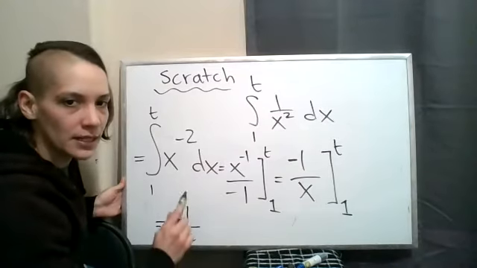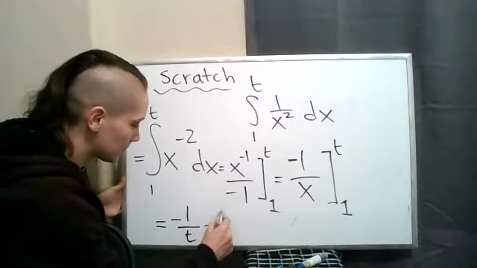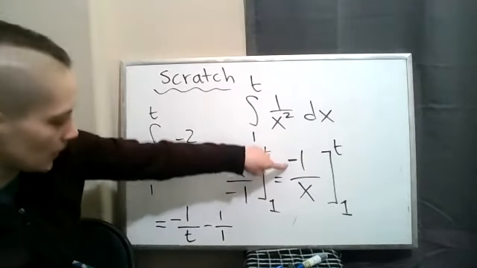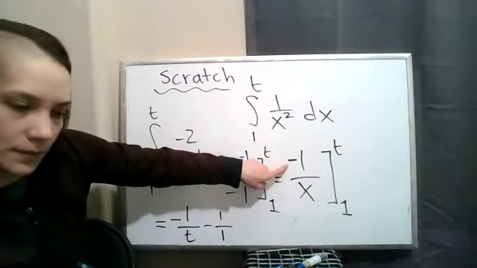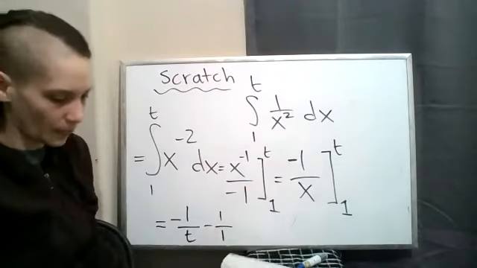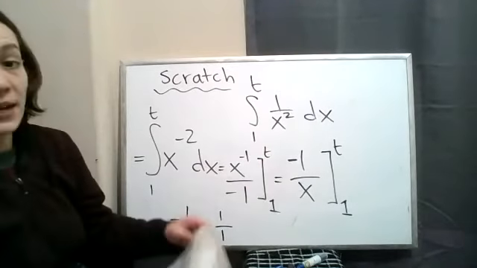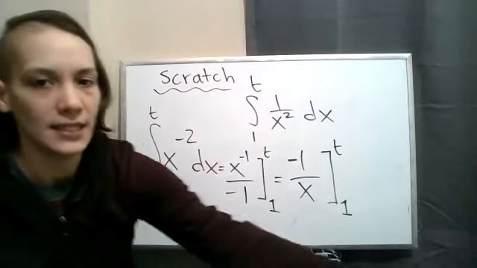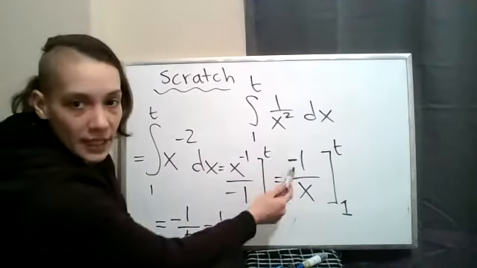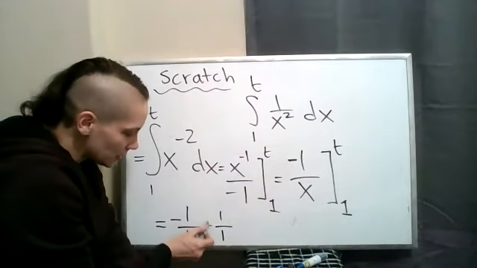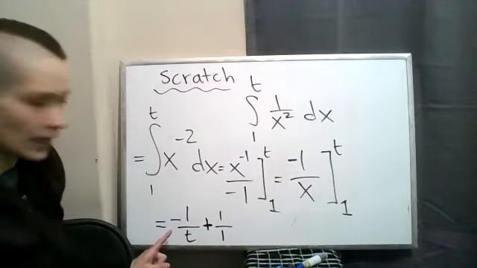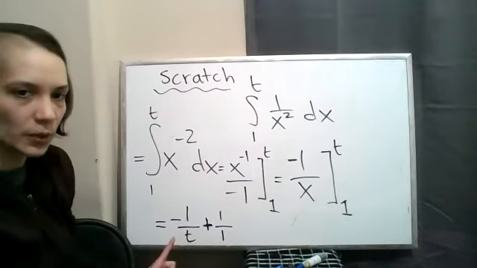Negative 1 over t minus negative 1 over 1. I want to make sure I got this right. Oh, I'm forgetting my minus sign. This is a minus minus, minus the negative 1 over 1. We'll make this plus. Okay, so this is 1 subtract 1 over t.